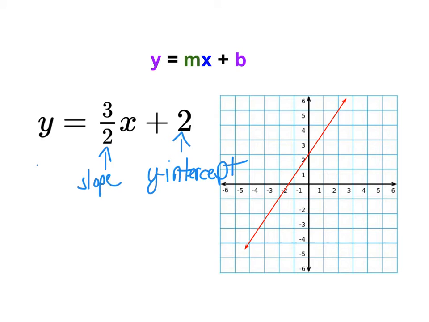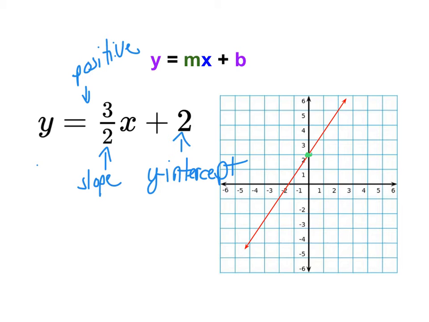The first thing I notice is that this slope is positive. When I look at my line, it is rising from left to right, which indicates that it's positive. Now 2 is my y-intercept. If I come over to my graph, my y-intercept is where my line crosses over the y-axis, and it crosses over at the number 2.